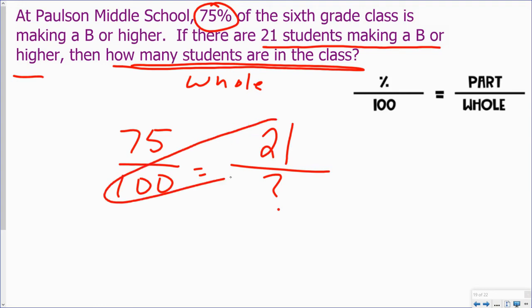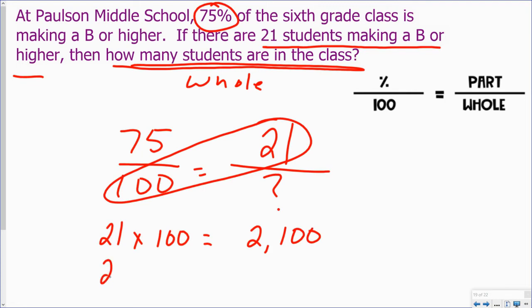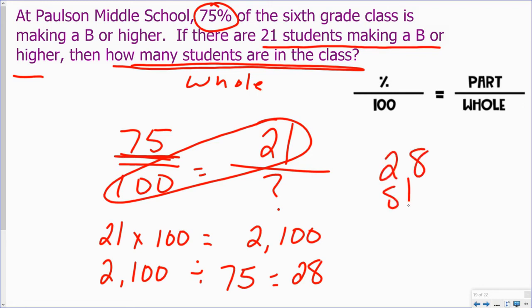So again, I cross multiply. 21 multiplied by 100 gives me 2,100. And I take my 2,100 and I divide it by my 75 there. And that gets me 28. And so my answer is 28 students. And again, I need to make sure I have my label there.